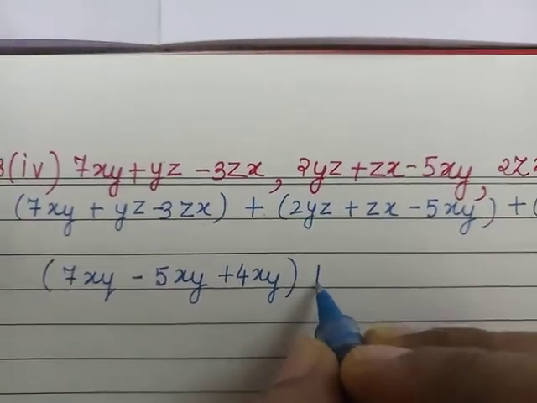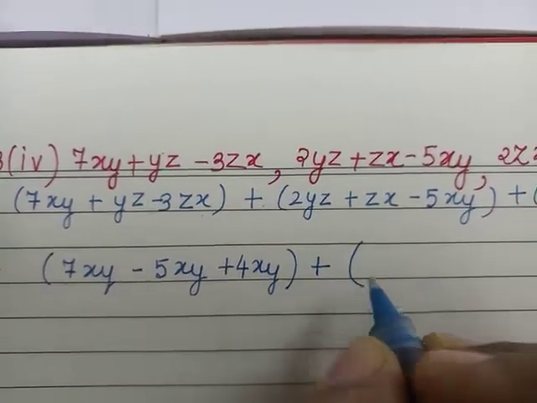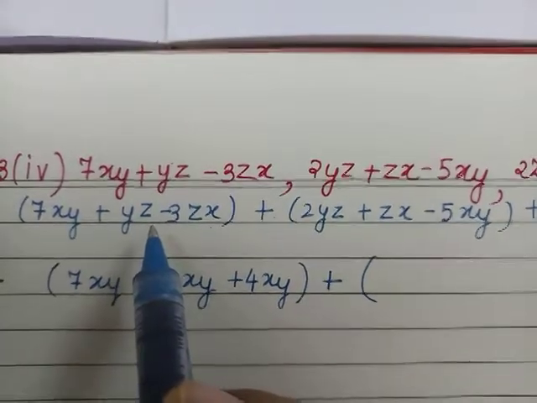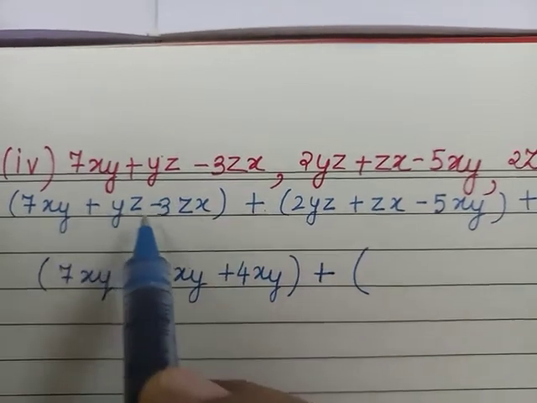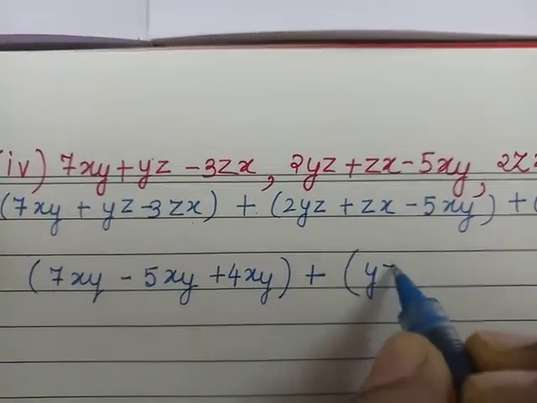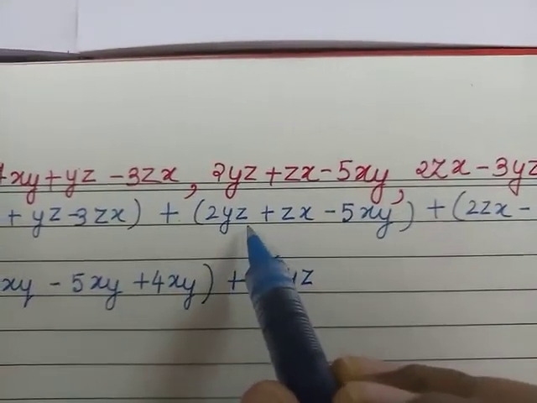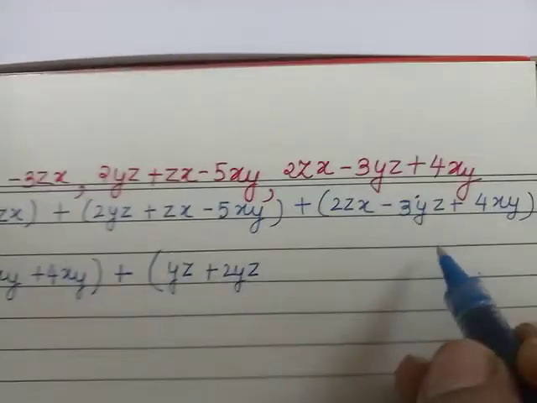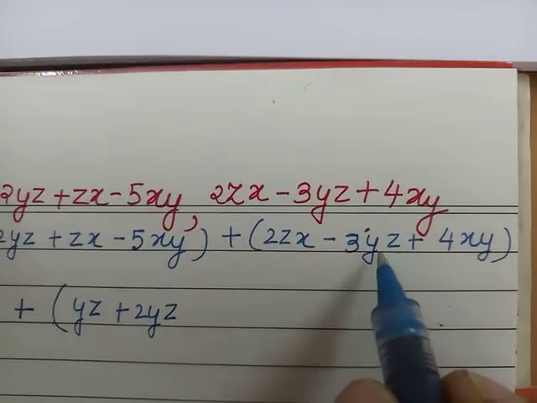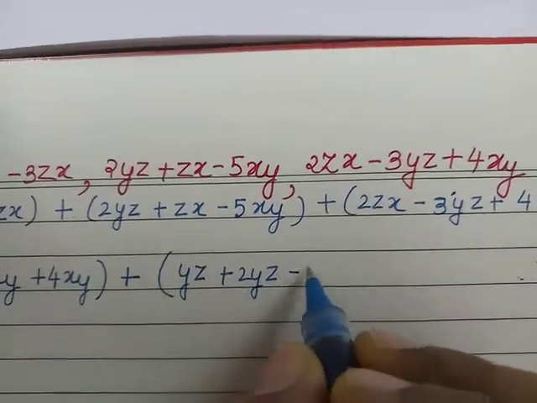Now again I write an addition sign and I copy down the yz terms along with their sign from all the 3 brackets. That is plus yz. Here we have plus 2yz. And here we have minus 3yz.